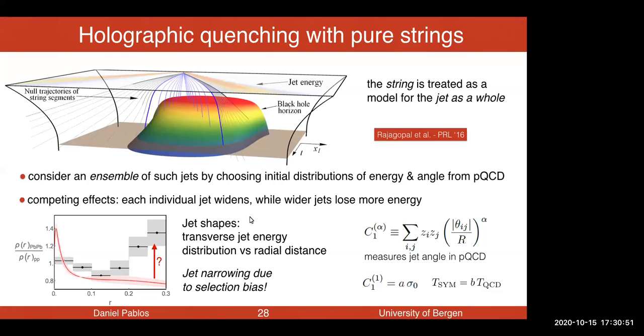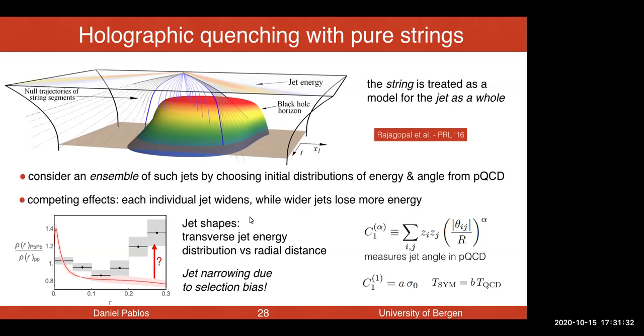In this case, we saw that wider jets lose more energy because they have more energy loss sources. Why? It's because in this falling string setup, the initial width of the jet is determined by the inclination it has in the holographic direction. A very narrow jet has a very small angle; the direction of the endpoint of the string is very parallel to the boundary.